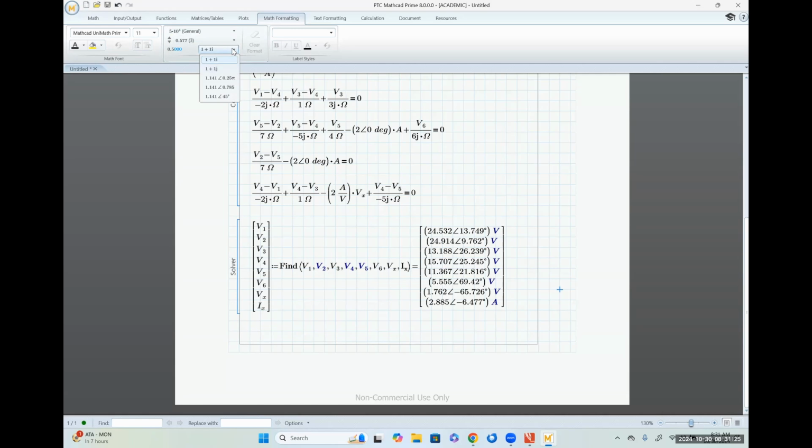All right, so that was nodal analysis using complex numbers. When you're doing mesh analysis, the only thing I can really tell you that would be different is pay very, very close attention. So when you're multiplying your currents times your impedances, make sure that you are explicitly multiplying.